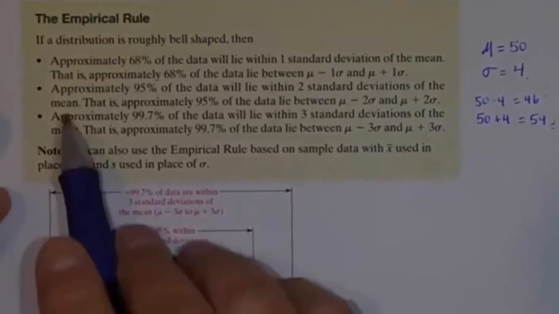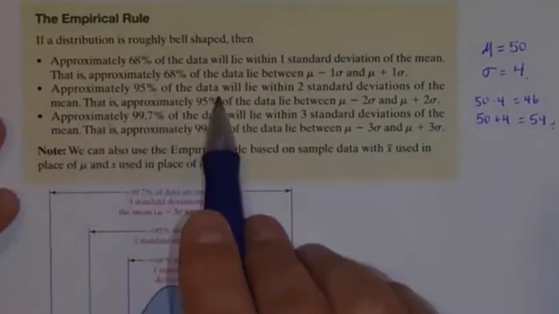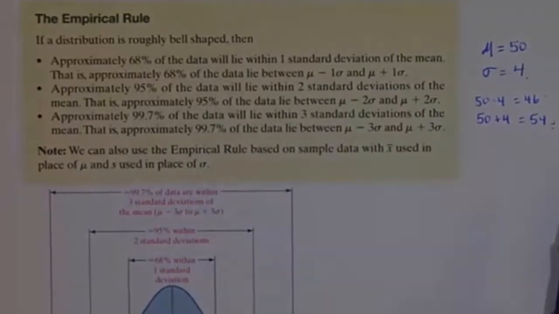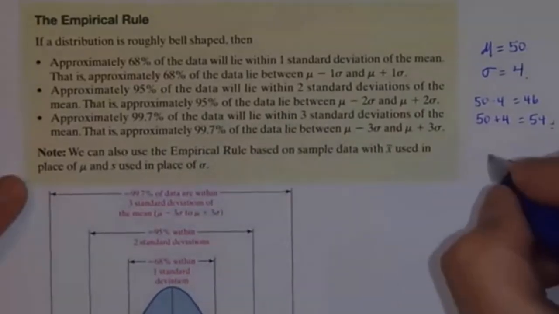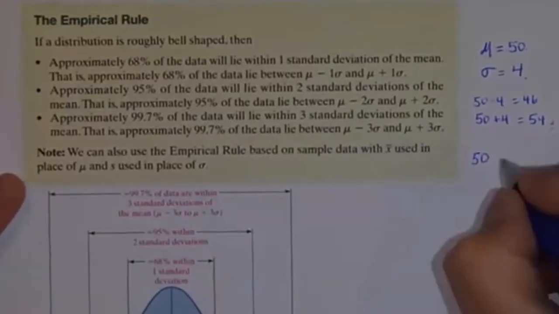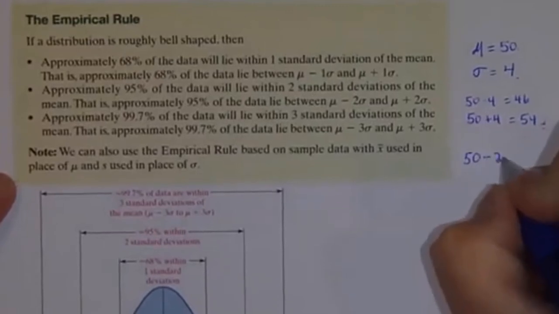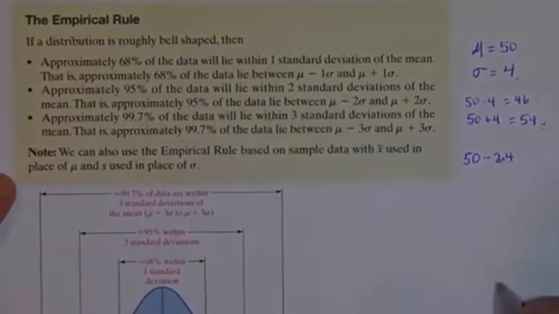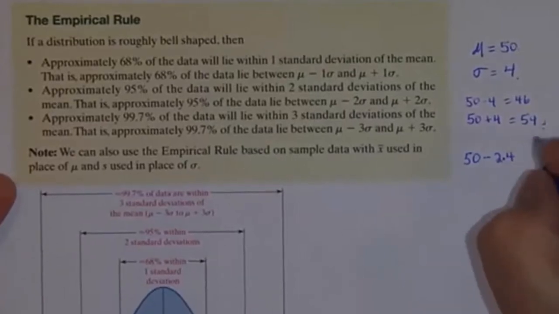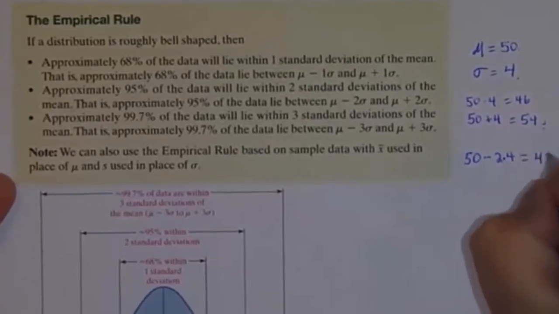Moreover, approximately 95% of the data will lie within two standard deviations of the mean. So for example, instead of just subtracting 4, if I were to subtract 4 twice, so 2 times 4 is 8, and 50 minus 8 is 42.